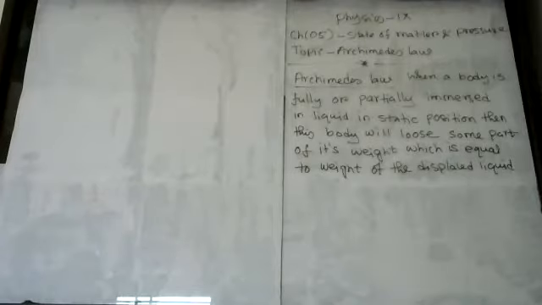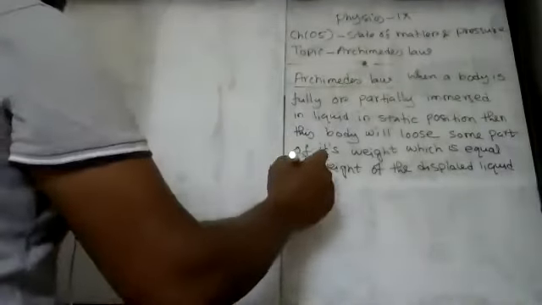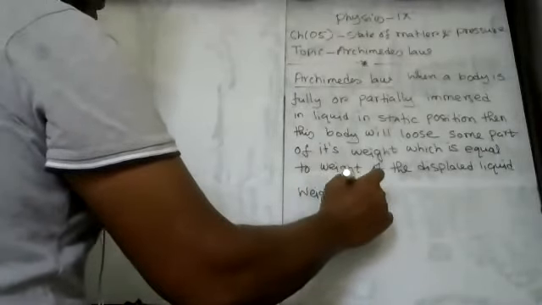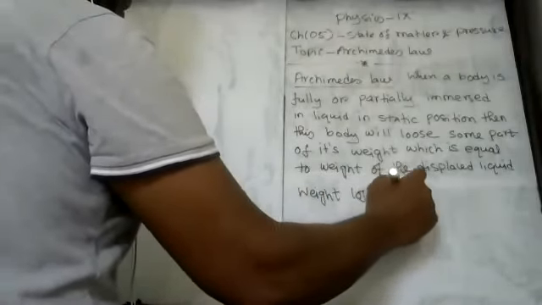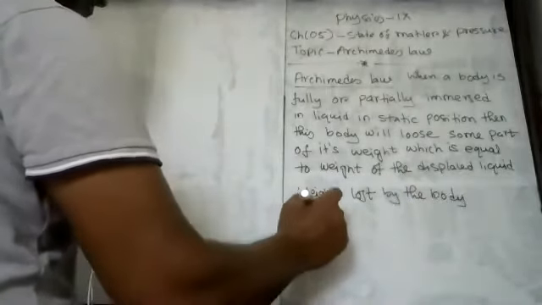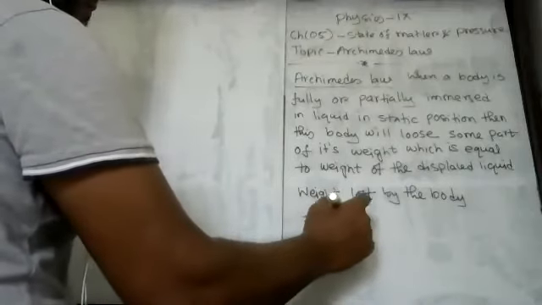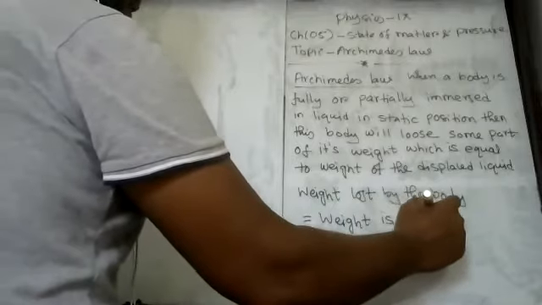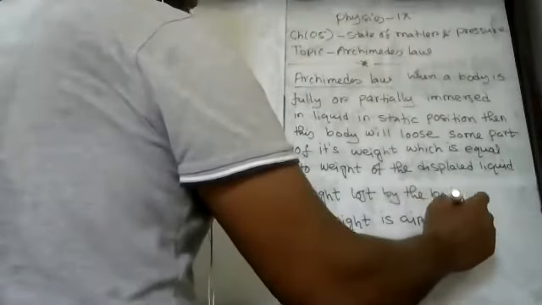You see that weight loss by the body manually will be equal to weight of the body in the air minus weight of the body in water or liquid. So we can say that manually, weight lost by the body will equal weight in air minus weight in liquid, my dear students.